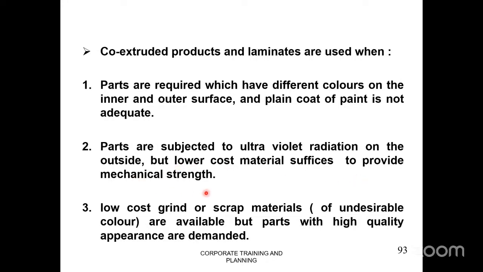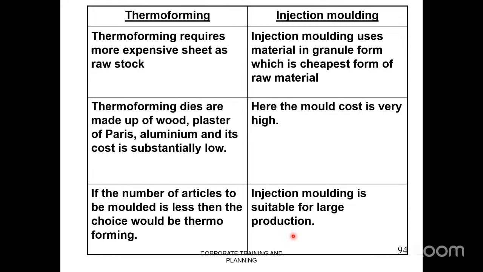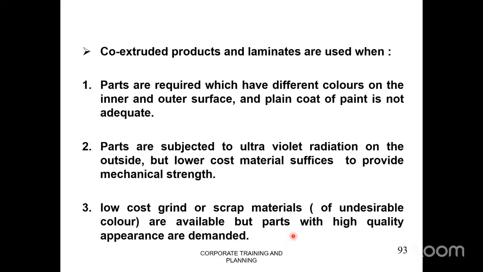Low cost grind or scrap material is available, but parts with a high quality appearance are demanded. These are the major things, friend. Co-extruded products and laminates are used in these cases.